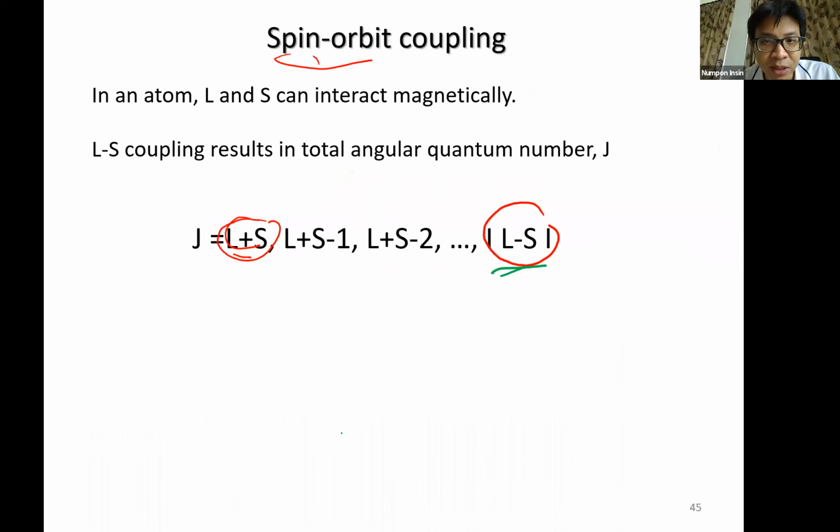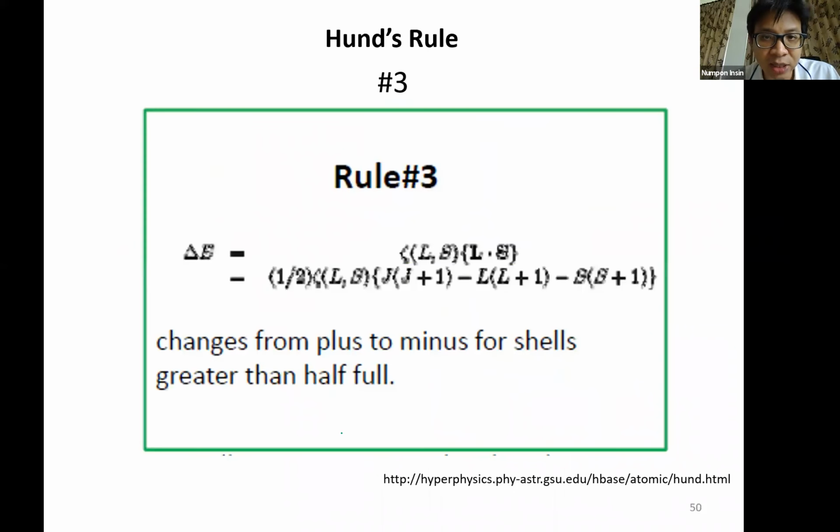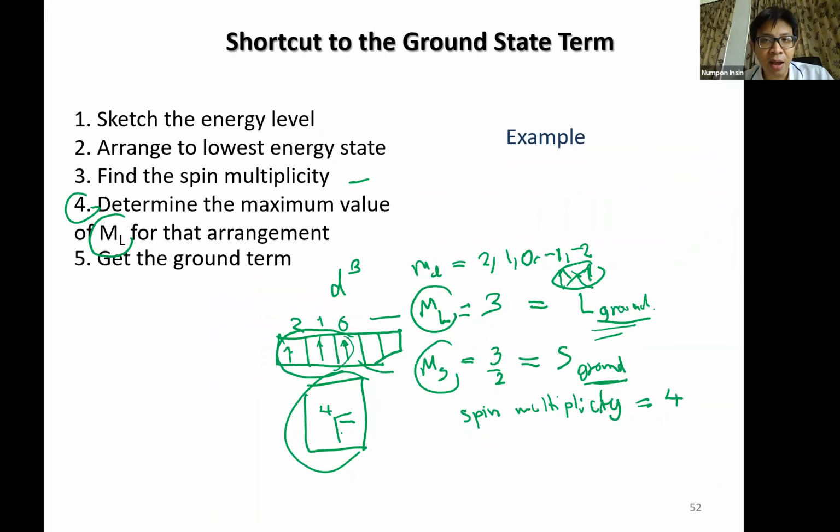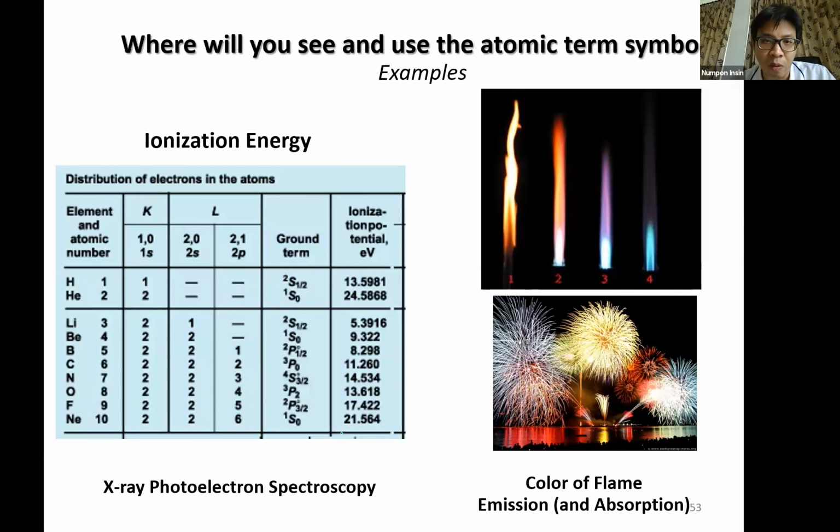Okay. So before I end this lecture, I would like to say where we are going to find these symbols. What are the applications? This is about what happens when you excite the atom.